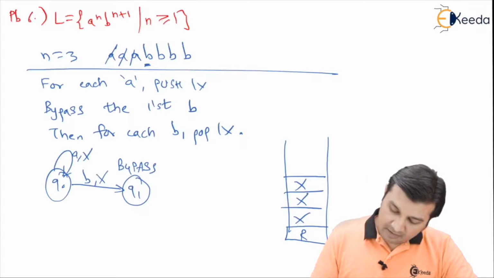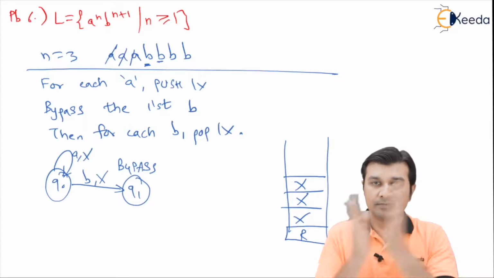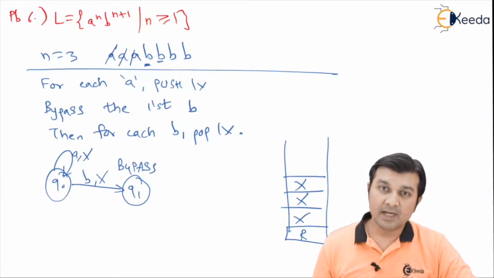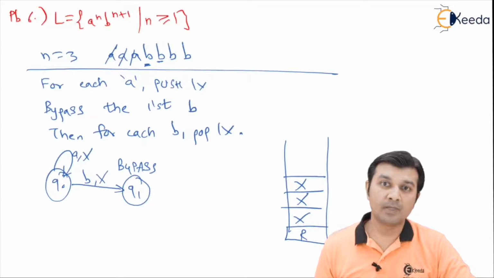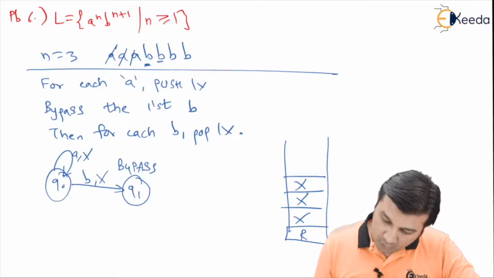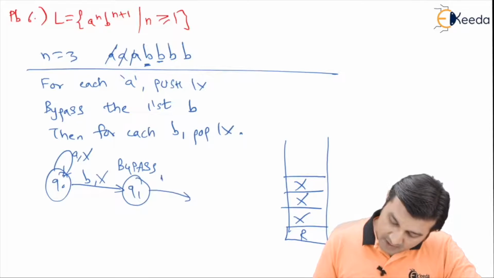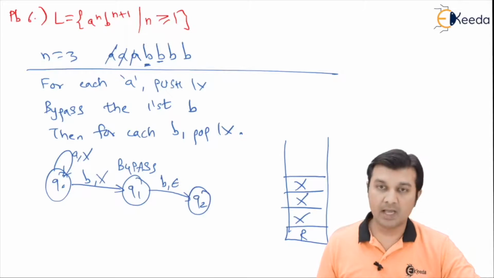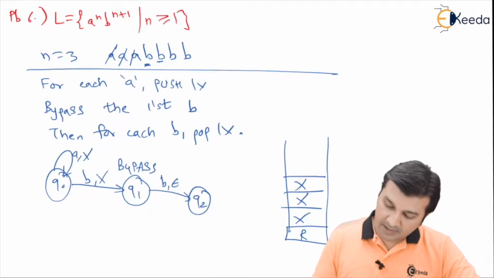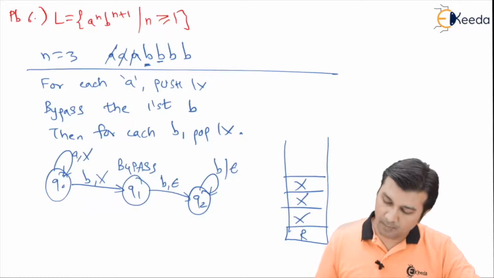And after that, for each b that you get after the bypassing of the first b, you're going to perform the pop operation again and again. So in my state q1, when you receive the first b after bypassing, perform the pop operation and go to q2, and in q2 for all the number of b's keep on repeating the pop operation.